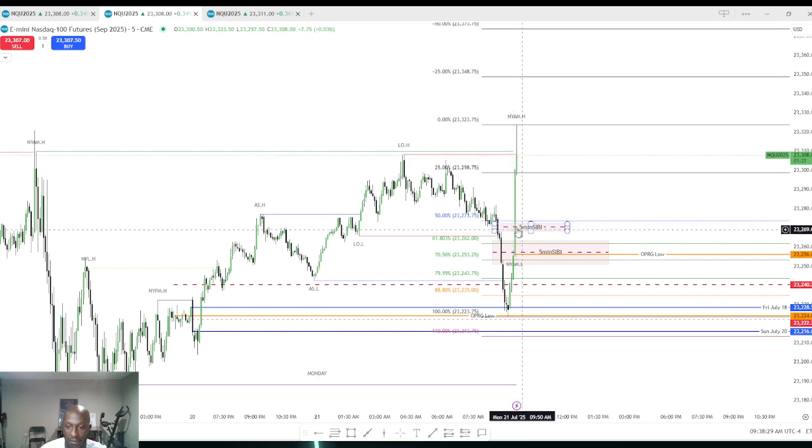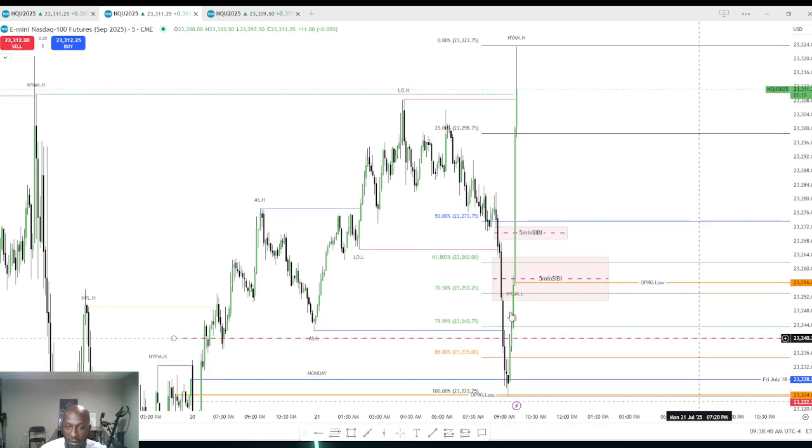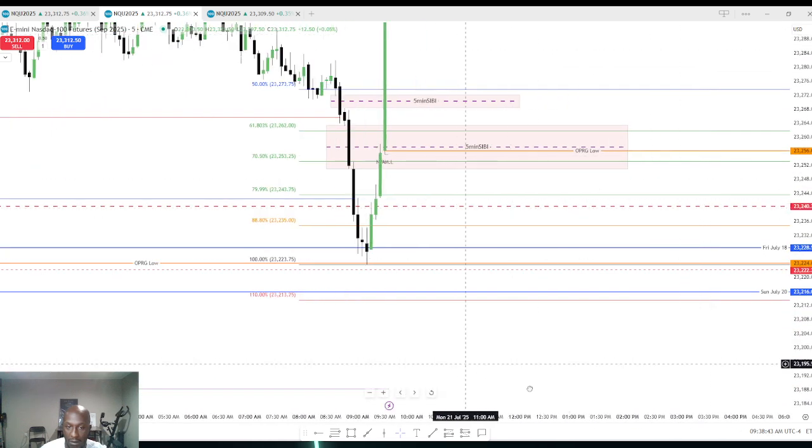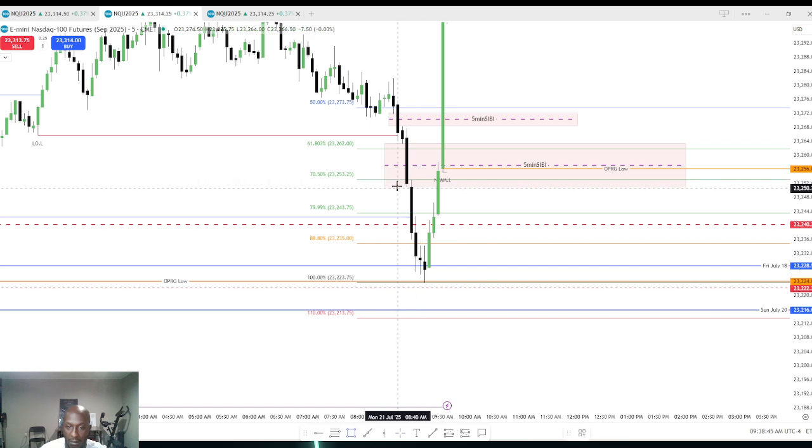You see that treated as inversion. Same thing here. I want to see this treated as inversion because we have a SIBI. A SIBI, single candle over.